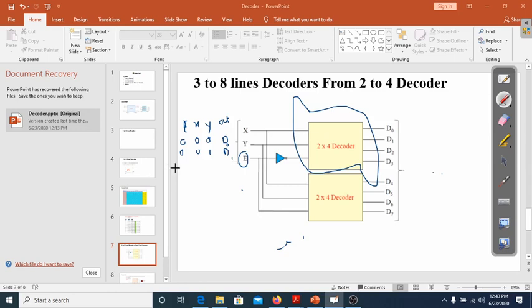And when E is again 0 and X is equal to 1, Y is 0, this will choose D2. When the selection line is still 0 and X and Y are 1, it will choose the output D3.